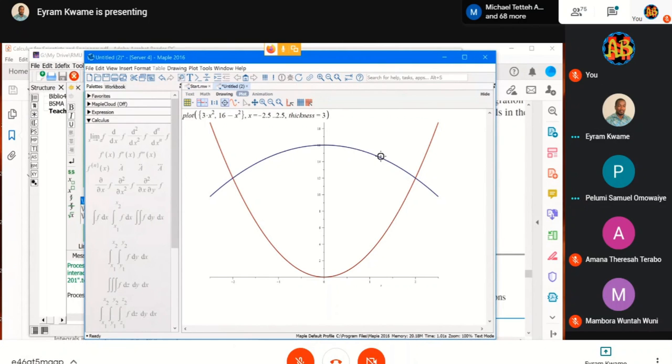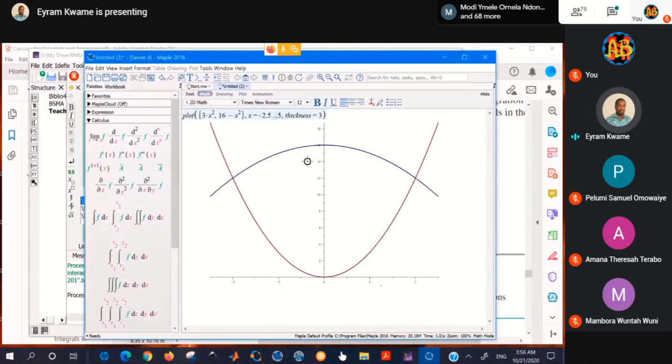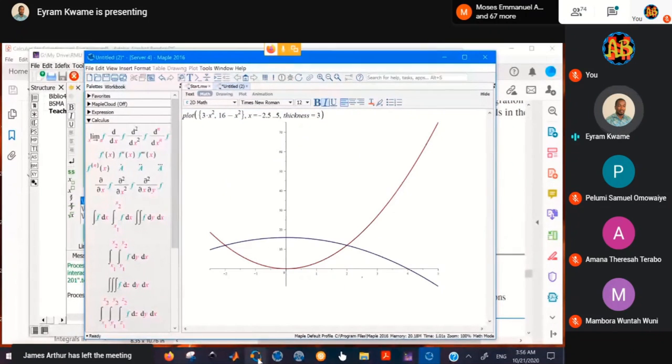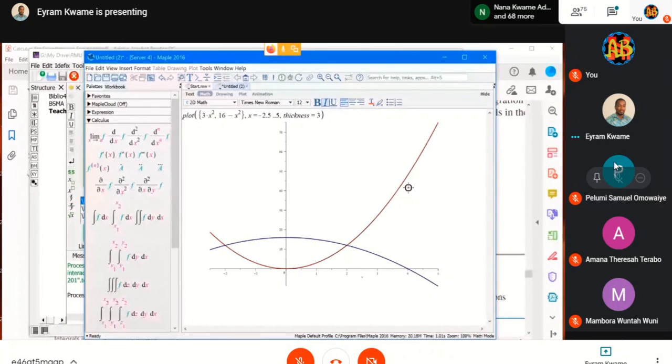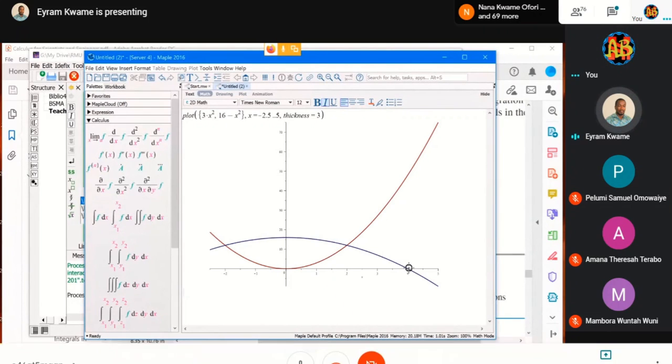Yes, sir. Good. Let me do something here for you to see. Assuming I have this graph, can I draw a straight line here on the line x equal to 4?